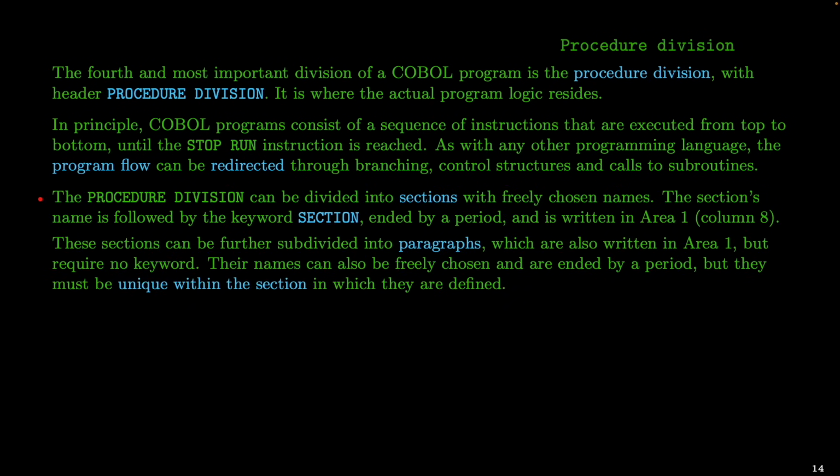And as I indicated before, the procedure division can be further divided into sections with freely chosen names, but they have to be followed by the keyword section. They have to be ended by a period, and they begin in area 1, so from column 8 on. And these sections can be further subdivided into paragraphs, which are also written in area 1, but they require no keywords.